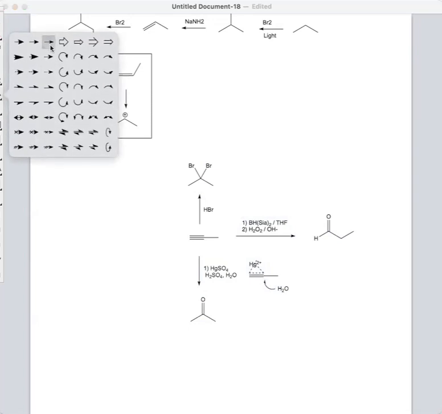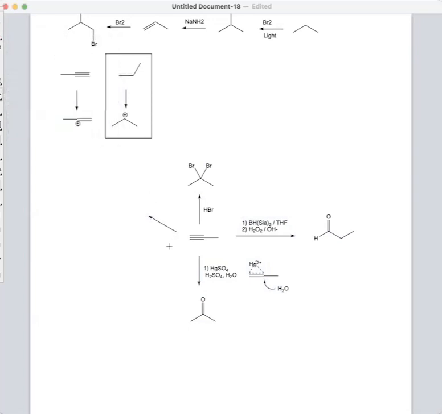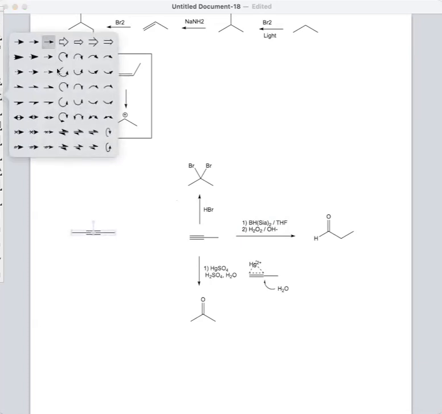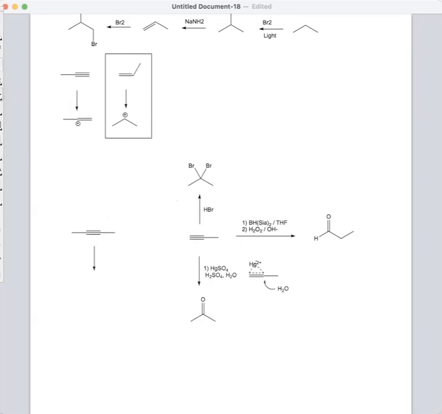We also discussed reduction reactions. You can obviously reduce an alkyne all the way to an alkane. More importantly, we can reduce it halfway through to an alkene with specific stereochemistry. So in that case, let's say we use the Lindlar catalyst and hydrogen, so classic hydrogenation, but using the Lindlar catalyst.